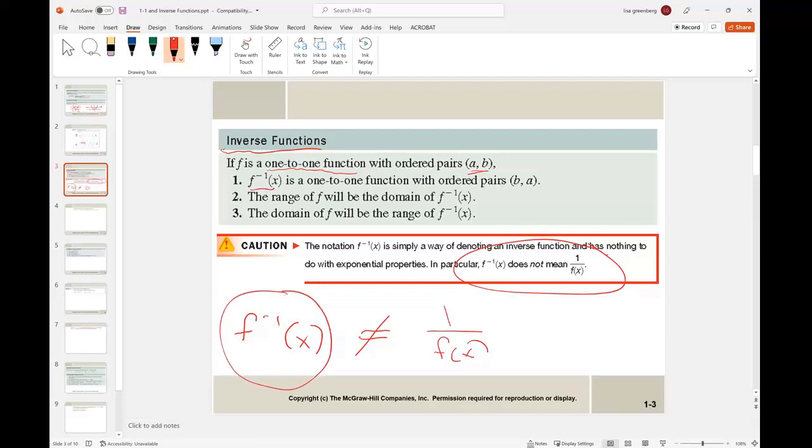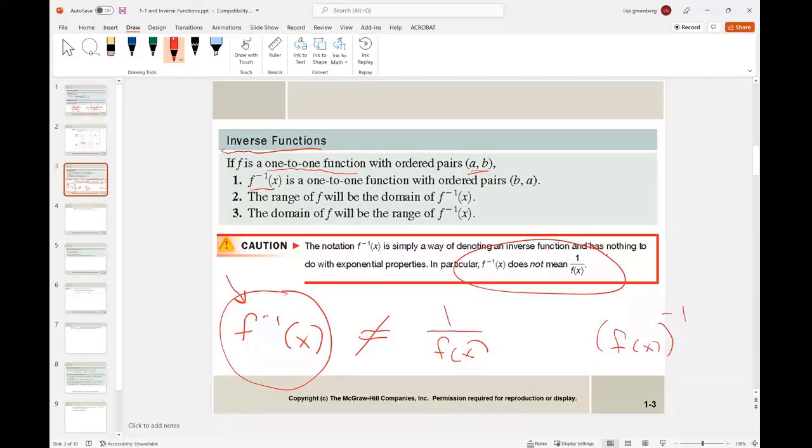If I wanted 1 over F of X, I would have to write F of X in parentheses to the -1 power. That means this function has a negative exponent. This means inverse, okay? So F inverse of X is a one-to-one function with ordered pairs BA.